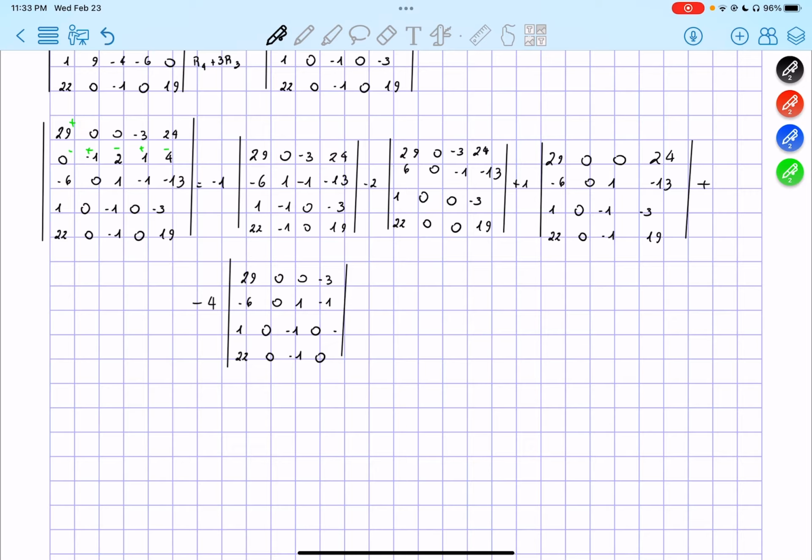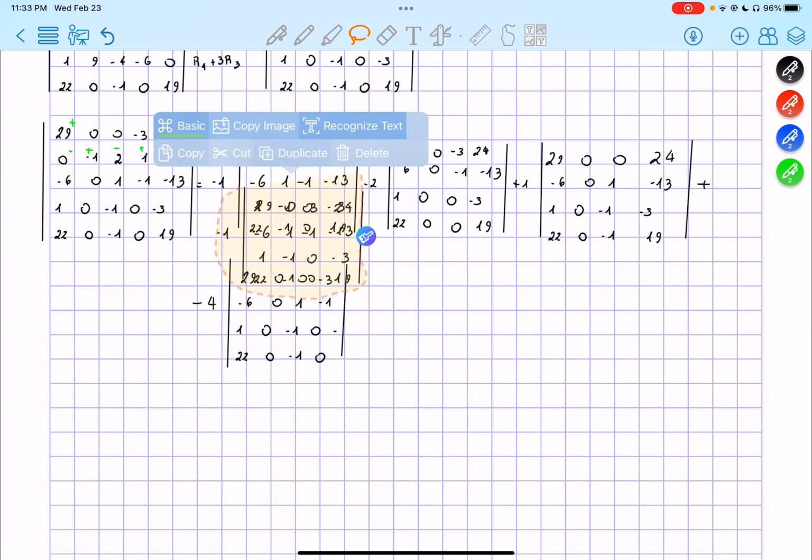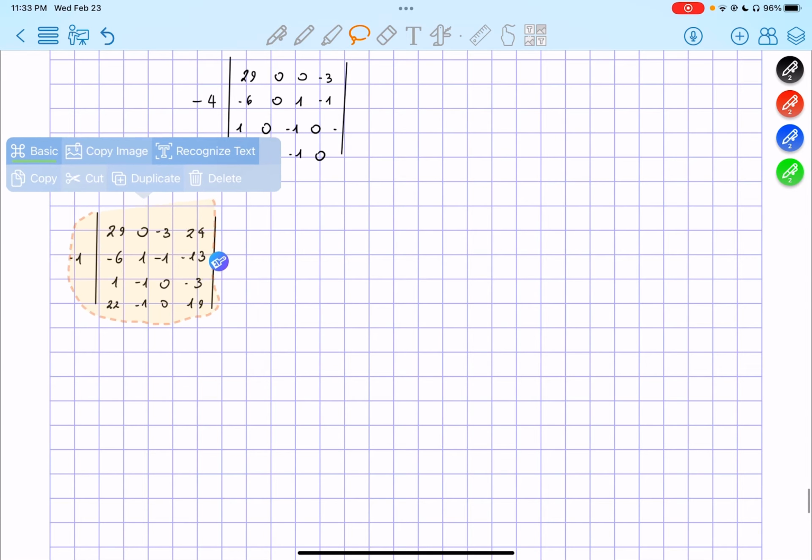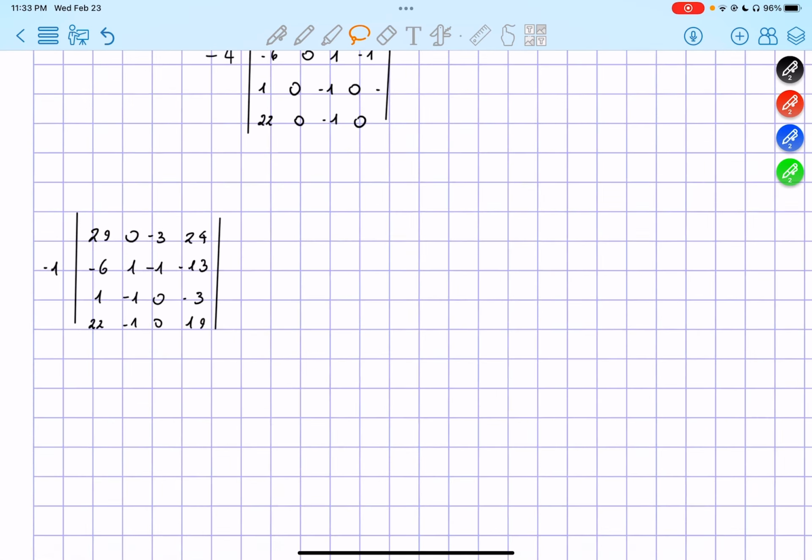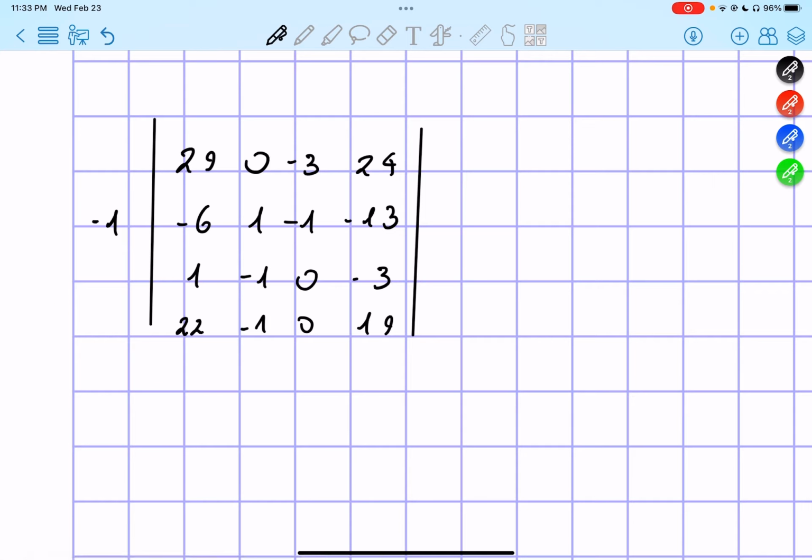Yep, it looks correct. And now I just have to find the determinant of this matrix. So I'm gonna start with the first one. I'm gonna take the first one and find it on its own. So what can I do with this? I can add little things together.